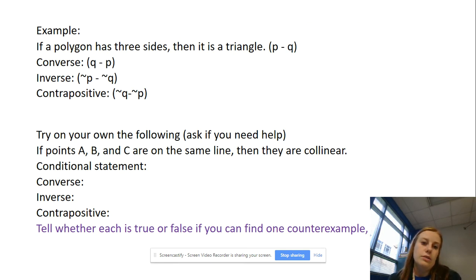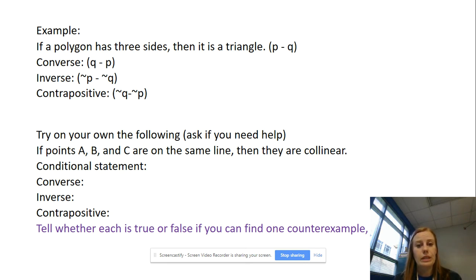If a polygon has three sides, then it is a triangle. That is our conditional statement. It's already written in the if-then. So the part following the if, a polygon has three sides, is our hypothesis. Our conclusion follows the then.